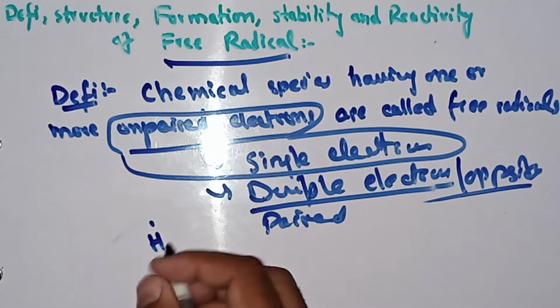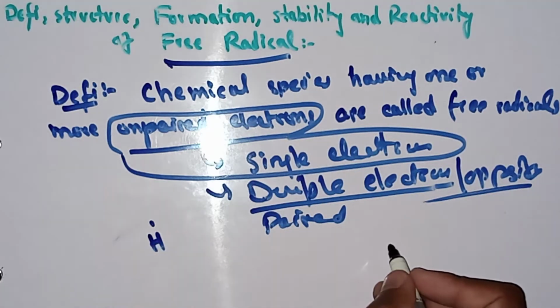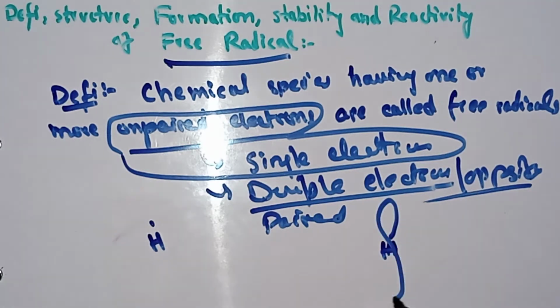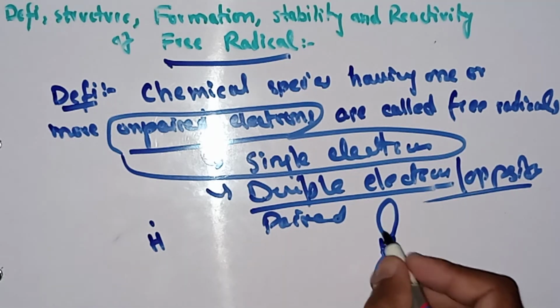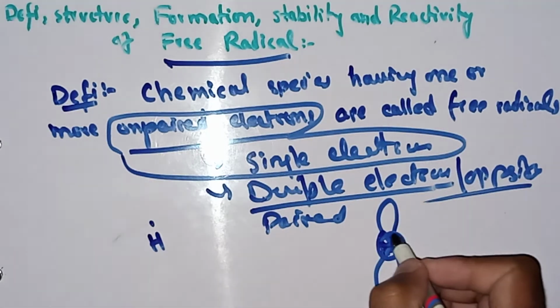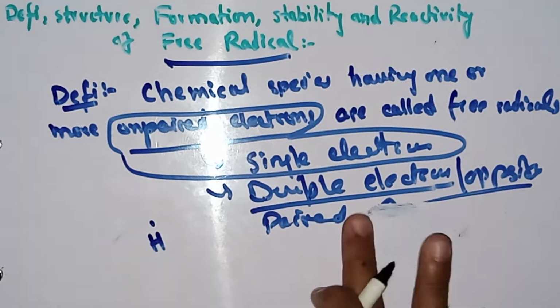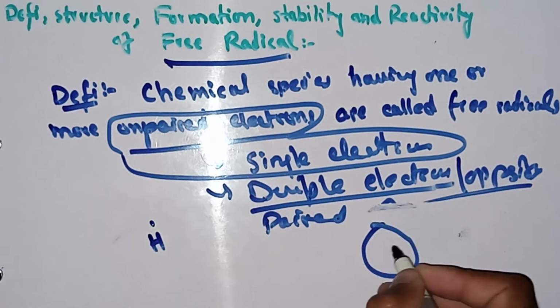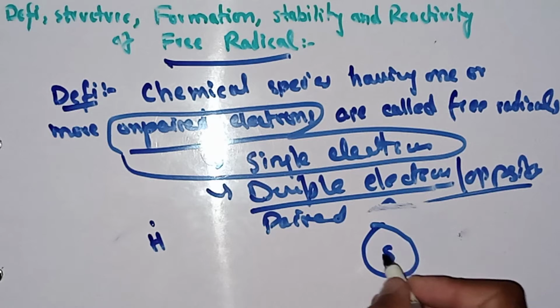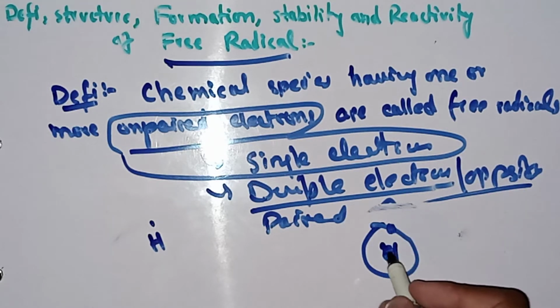This is one orbital of hydrogen, and this is the nucleus. This is the s orbital; sorry, an s orbital will be spherical. So if one electron is present here in H, this will be called a free radical.